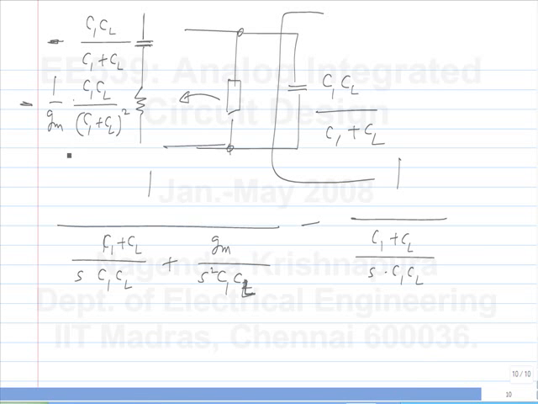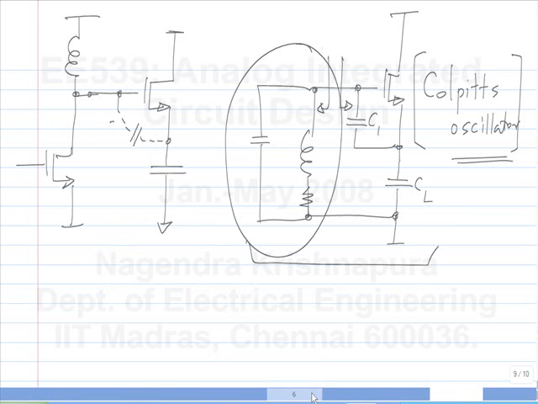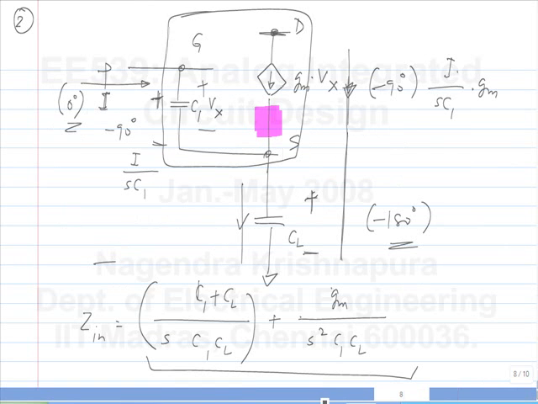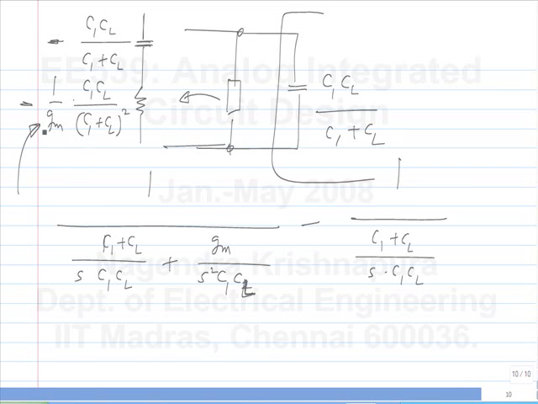See, the one thing is, if you compare it to the previous representation, this is a frequency dependent negative resistance, right? It depends on S. Here it is frequency independent. Hopefully that's what you got when you were solving the assignment also. Okay. So what use do you see for this?